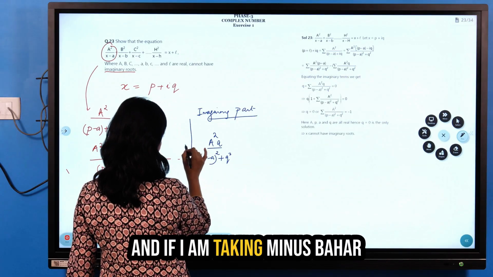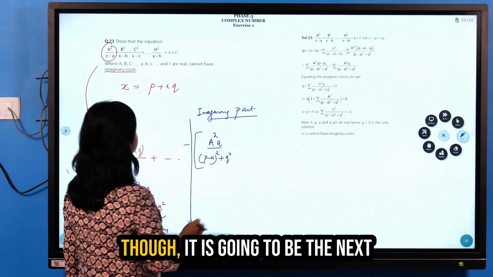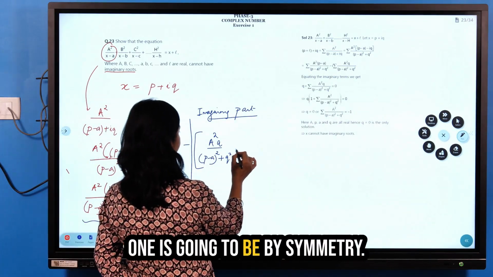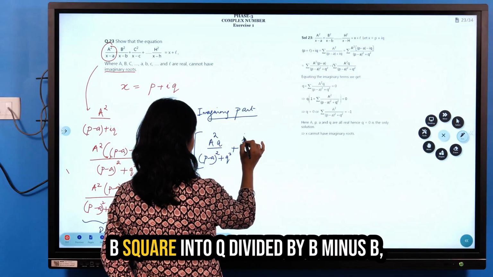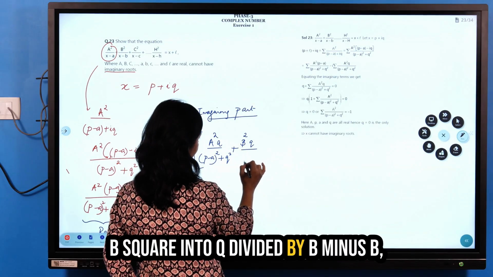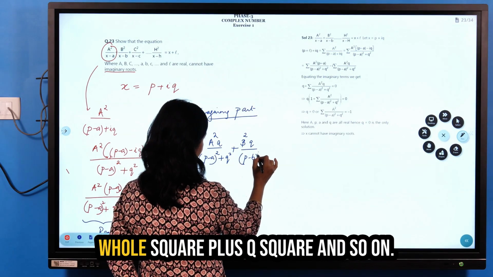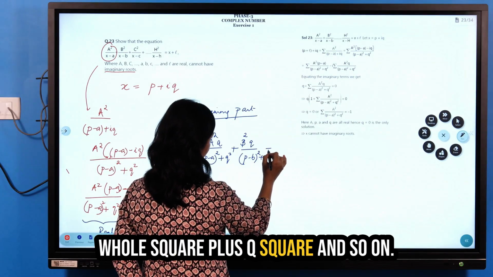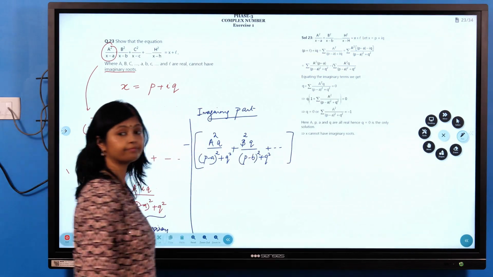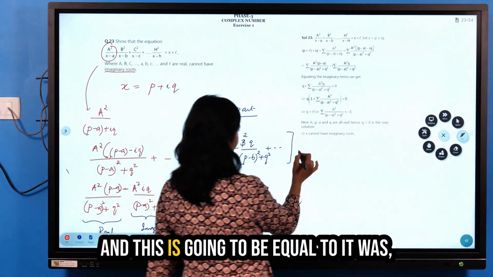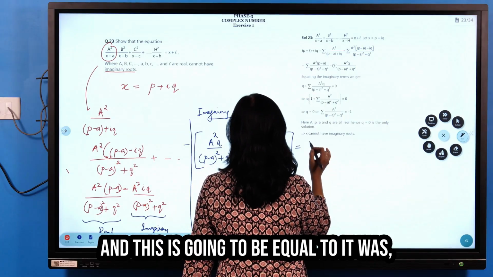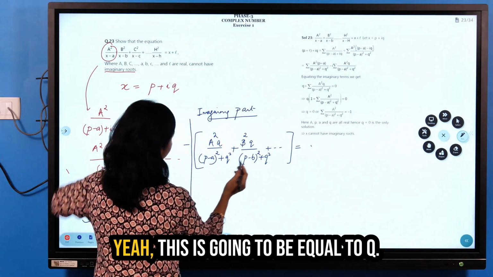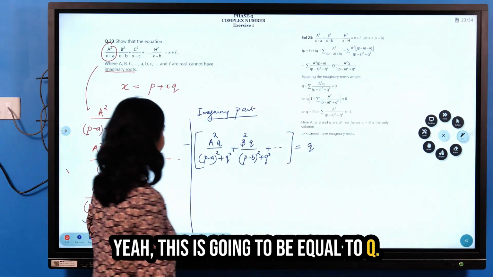And taking the minus, the next one is going to be, by symmetry, minus b square q divided by p minus b whole square plus q square, and so on. And this is going to be equal to q.